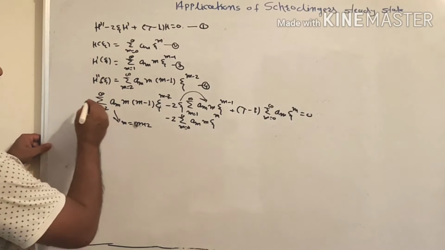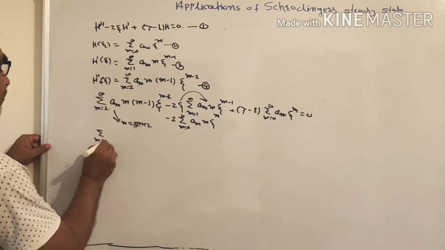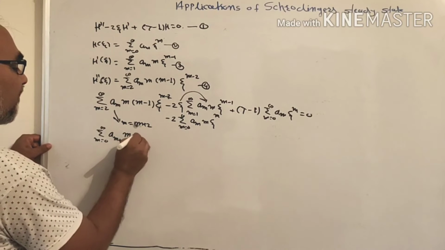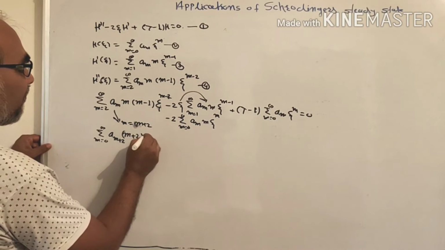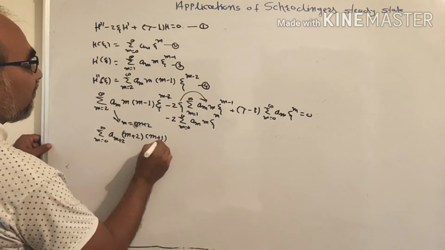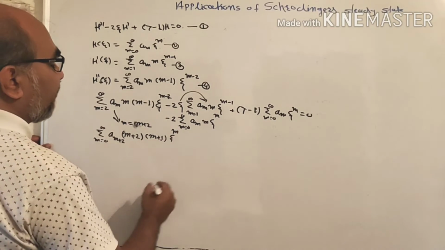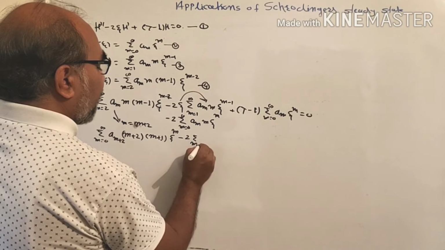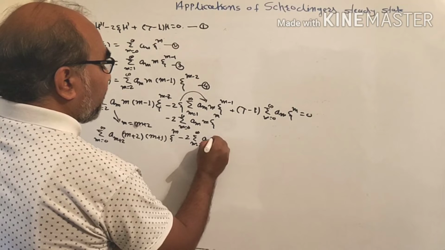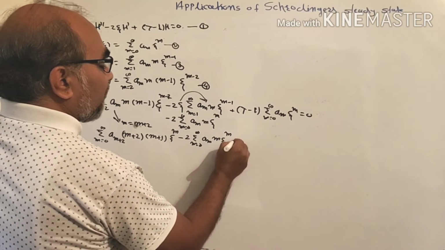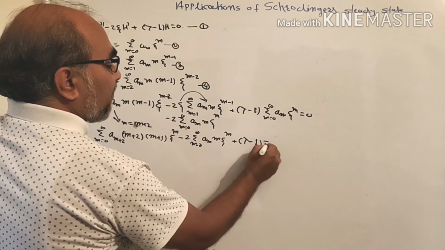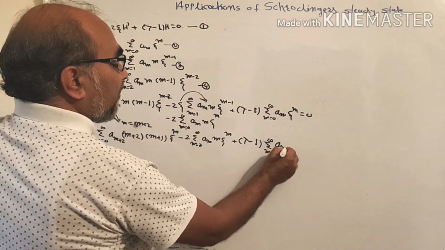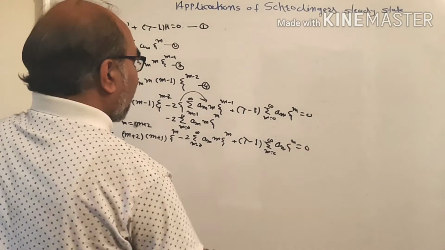Okay, and therefore this expression becomes summation m tends to 0 to infinity a_(m+2) (m plus 2)(m plus 1) zeta raised to m, minus 2 summation m tends to 0 to infinity a_m m zeta raised to m, plus (lambda minus 1) summation m tends to 0 to infinity a_m zeta raised to m is equal to 0.